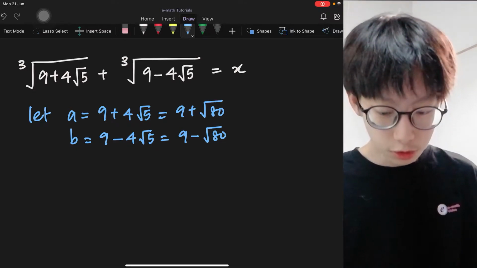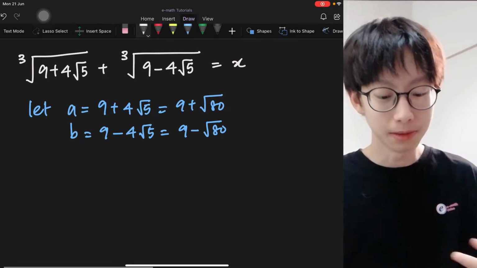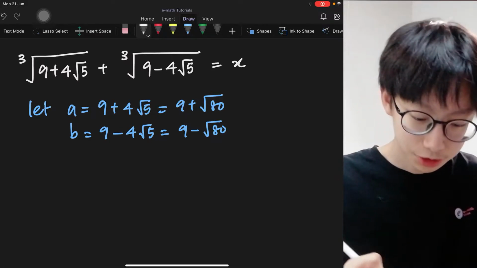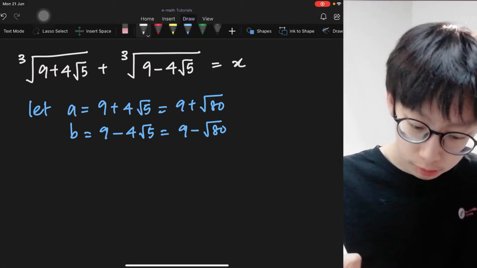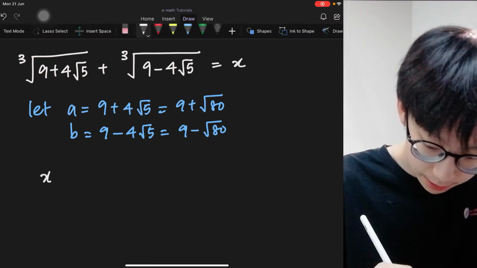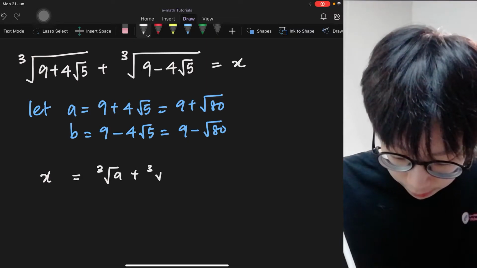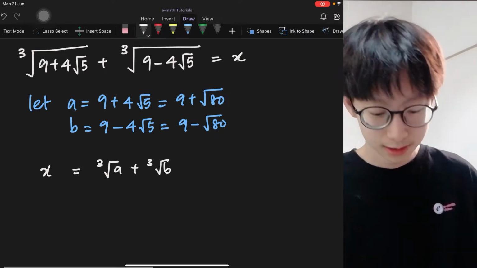So with that, I don't have to write so many things later. I just remember to unsub my a and b, should be fine. I will write my x in front: x equals the cube root of a plus the cube root of b. You see, isn't it cleaner?